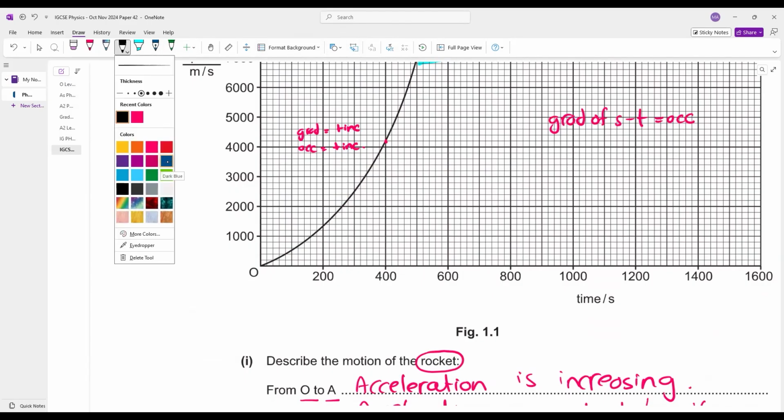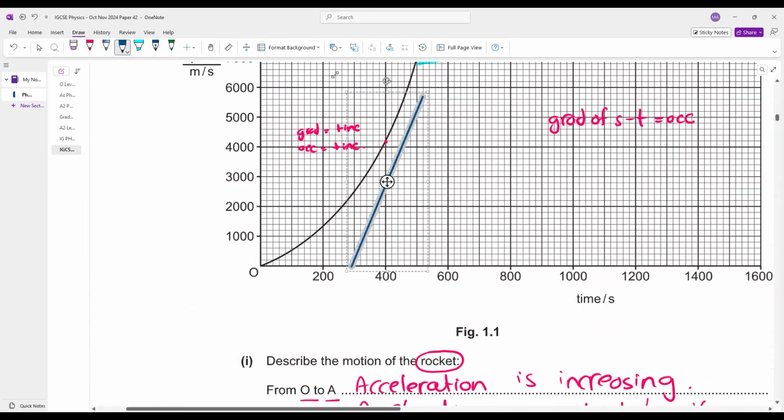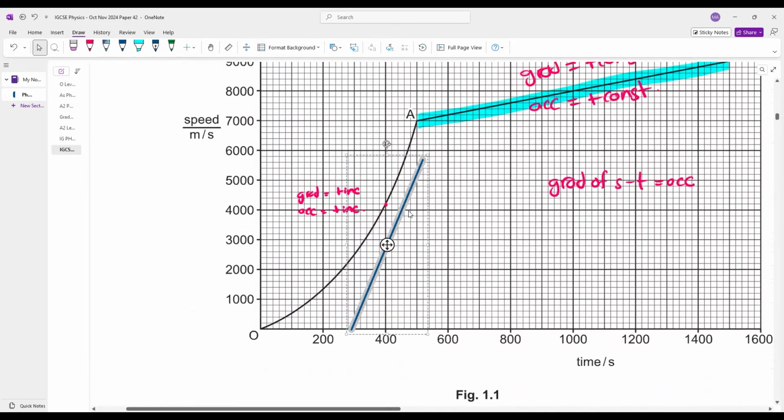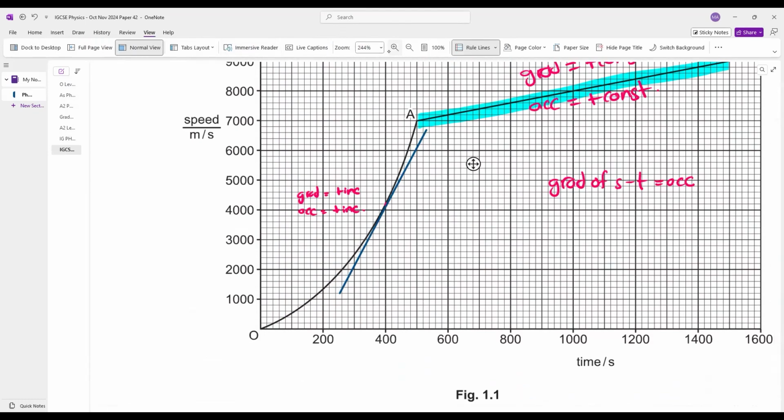Let's try our best because my drawing skills are very, very bad. So yeah, let's try this out. I think we will have to flip it a little. Yes, I think this is a proper enough tangent. Okay, you have a tangent now.